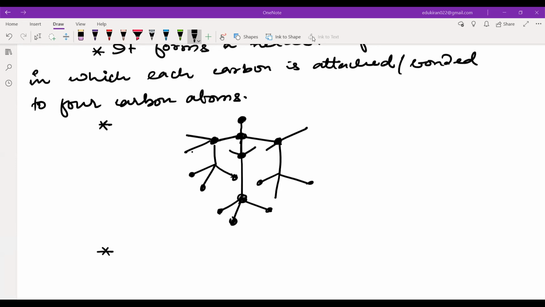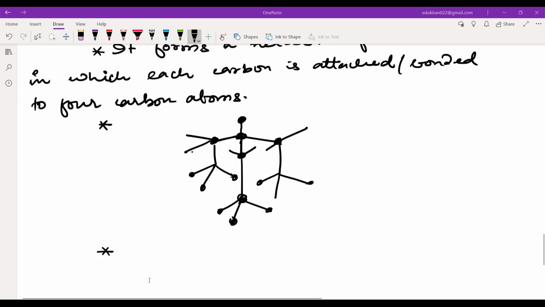Acha, you mean it will be a complete circle? Yes, kind of. You can think of it like that, because it is a three-dimensional structure, so it is covering the whole region.